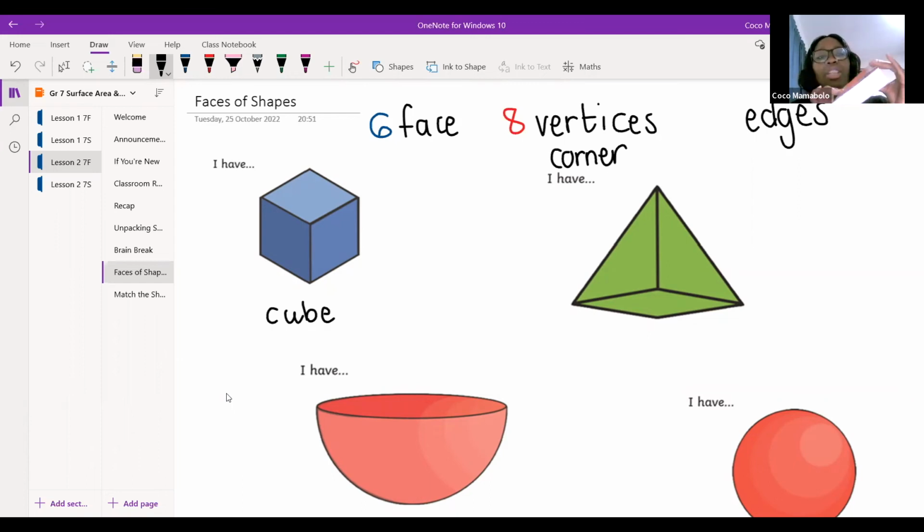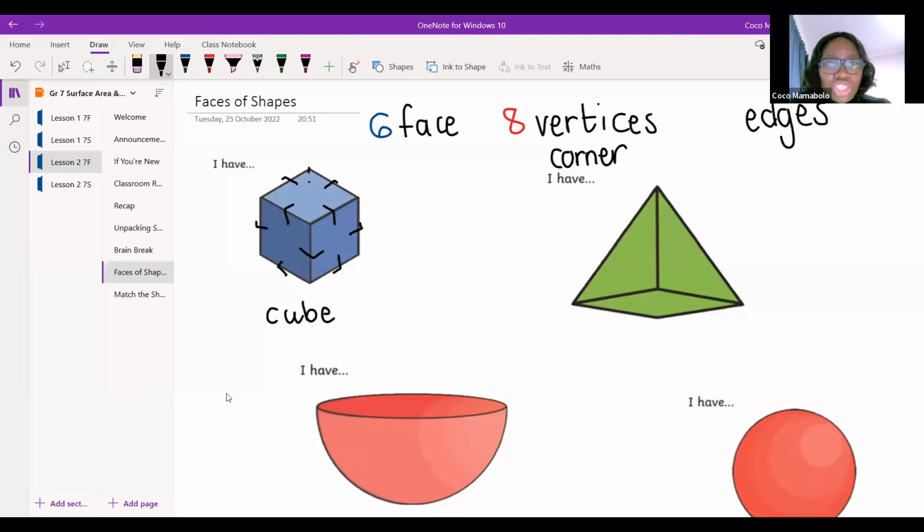So if I had to count how many edges I have on my book, which is kind of the same as a cube, how many edges am I going to have, guys? I can count them like this. I can go, there's an edge, 1, 2, there's another one, coming in from the back, 3, 4, 5, 6, 7, 8, 9.